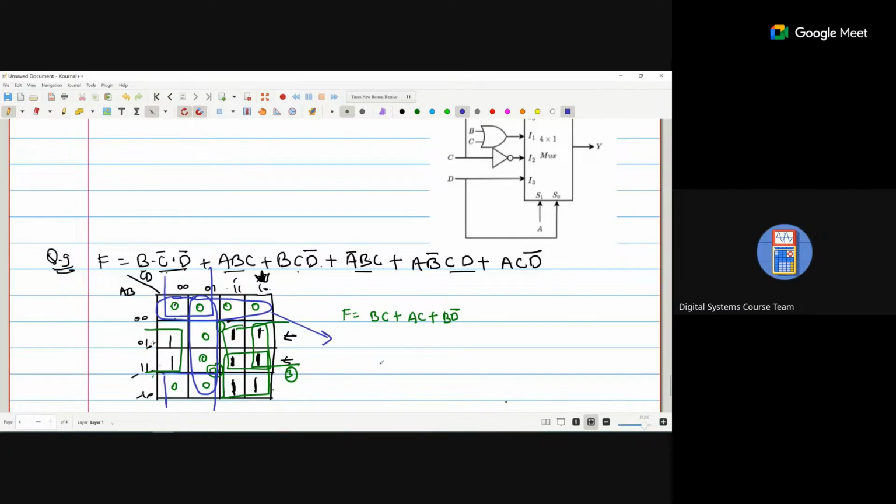For the top row, both A and B are 0, 0. A plus B. For the second column, C is 0 and D is 1. Okay, and this top and bottom group of 4, B is 0 and C is 0.